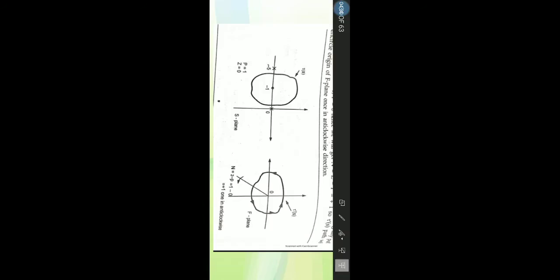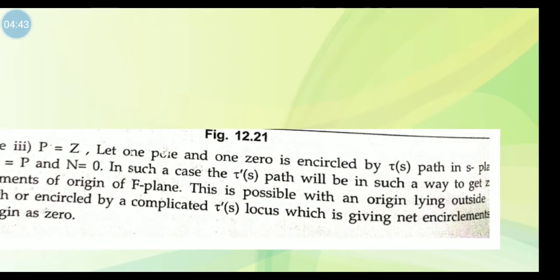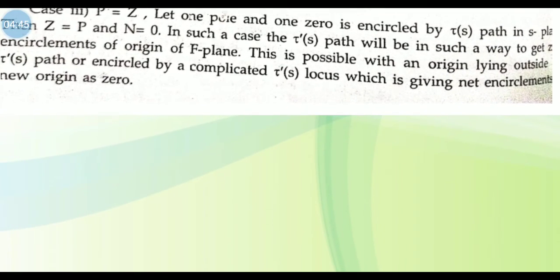Okay. Next, case 3. Case 3, we'll see P equal to Z. If P equal to Z, let one pole and one zero be encircled by Γ'(s) path in S plane. Then Z equal to P and N equal to 0.